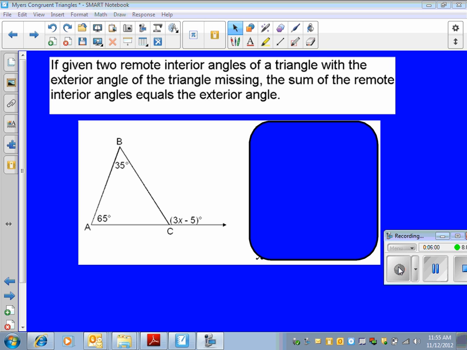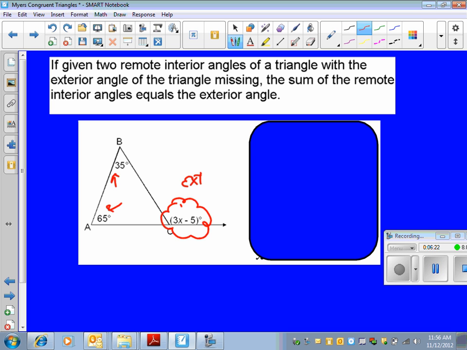Oh my goodness. What do you notice about this? Well, when I look at this problem, I see interior, and I see exterior. So the first thing that comes to my mind is that this is one of those exterior angle theorem problems. So if we need the exterior remote angle, what I want to do is circle my exterior angles and let my remote angles wrap their arms around the sides of the triangle.